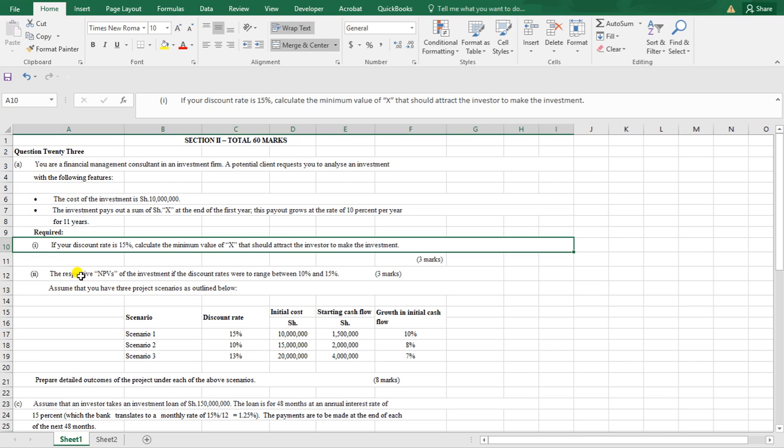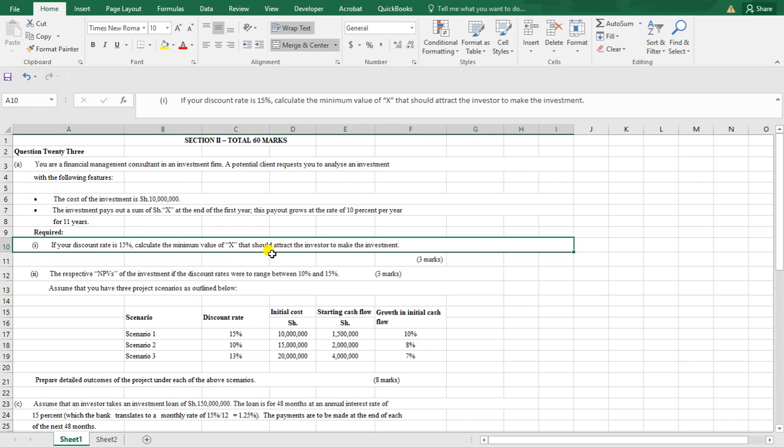Where my NPV is equal to 0. When our NPV is equal to 0, that simply describes that our present value of our cash inflows is equal to our total initial cost. So ideally here, we'll want to look at a minimum value of the first year, the minimum value of X that should attract the investor to make the investment.